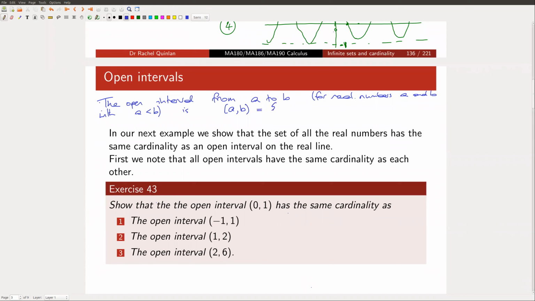But it's the set of all numbers x that are between A and B, not including the endpoints themselves.